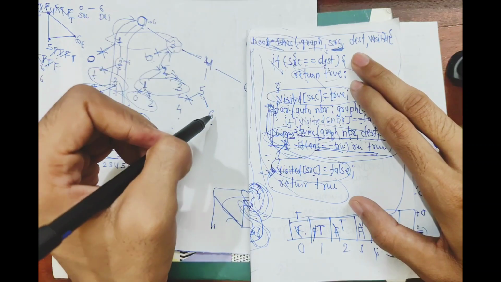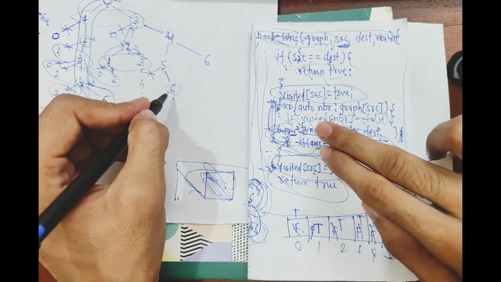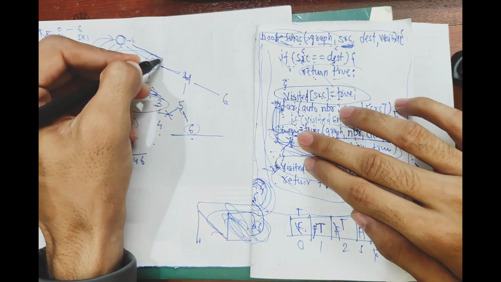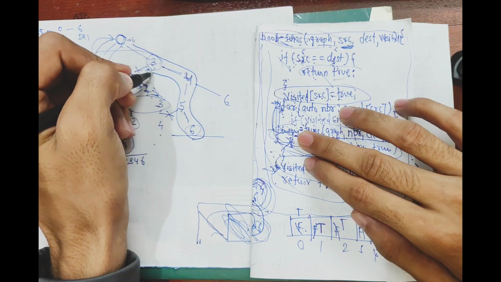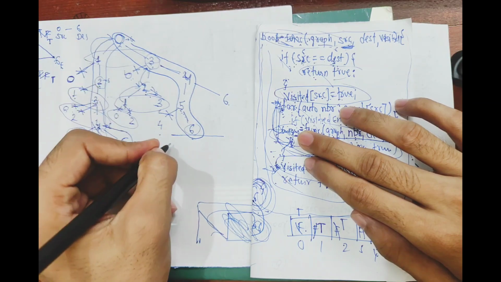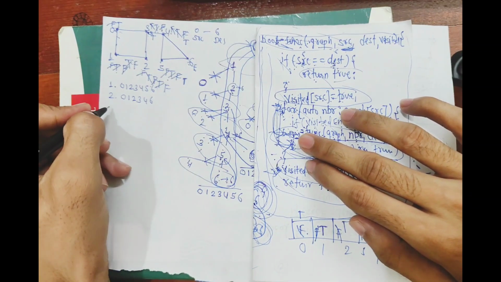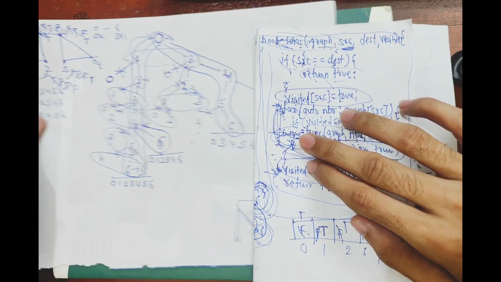So we are at 6. 6 is equal to 6, so again we got our third path, that is 0, 3, 4, 5 and 6. So the third path is 0, 3, 4, 5, 6.